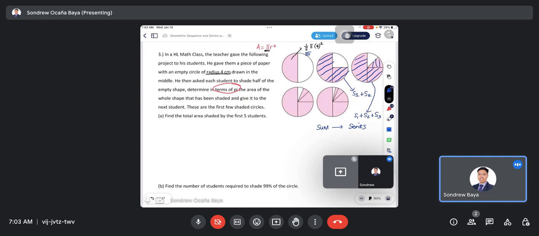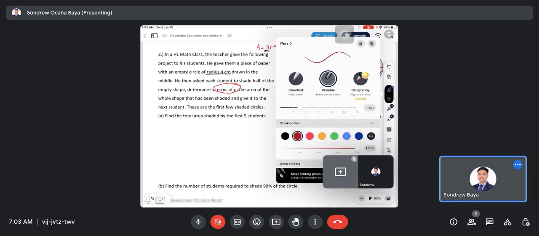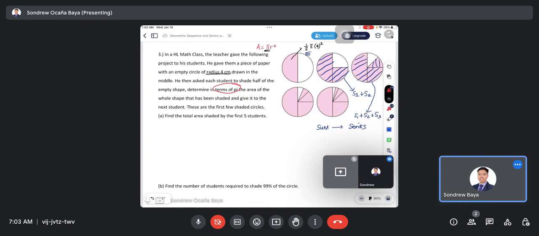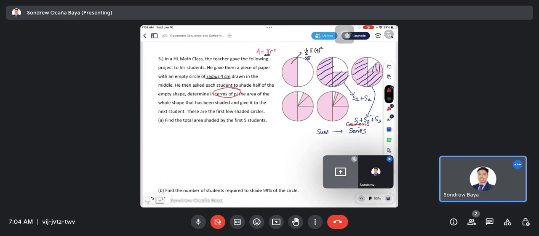Our prediction is that this must be a geometric series. Right now we are pretty sure that it's a geometric series, and we can now make use of the formula for the geometric series. But before we use the formula, we need first to find the common ratio. So we need to know what the common ratio for this is.